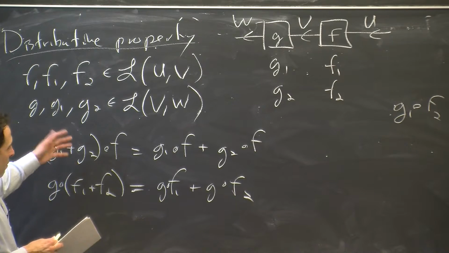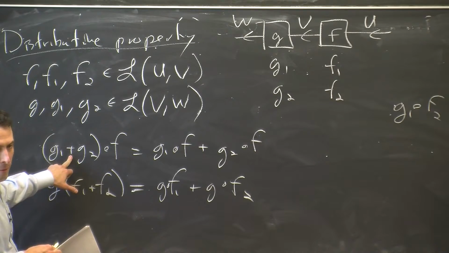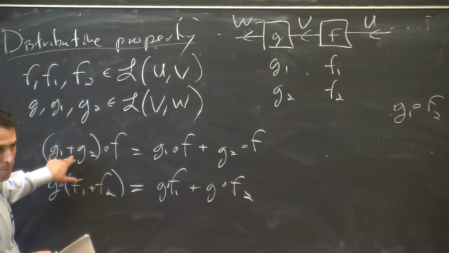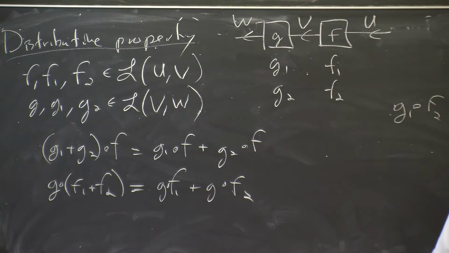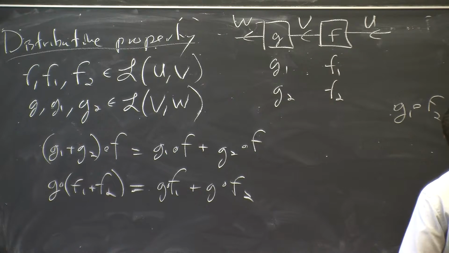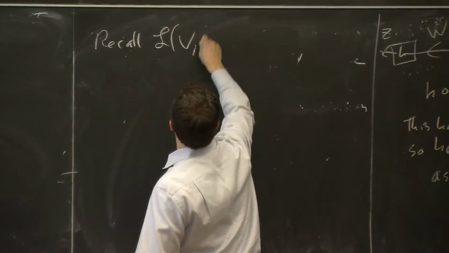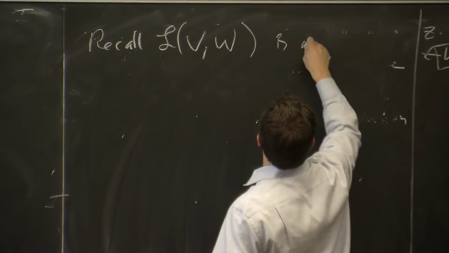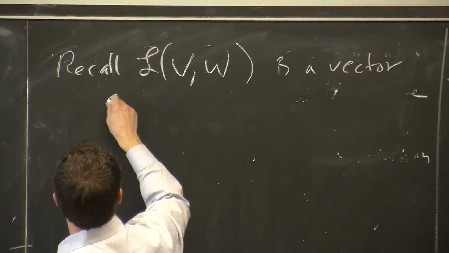Of course, to be able to make sense of that, we have to know how to add 2 linear transformations. We talked about that last time, but let me remind you. The space of linear transformations from V to W is itself a vector space.